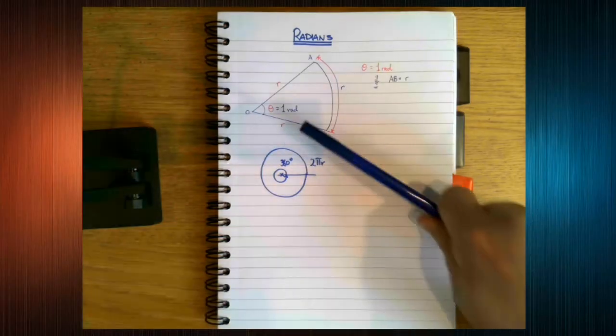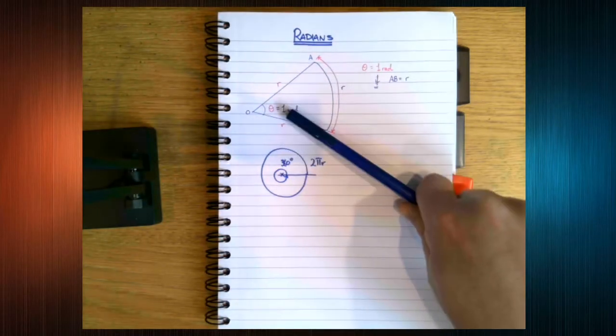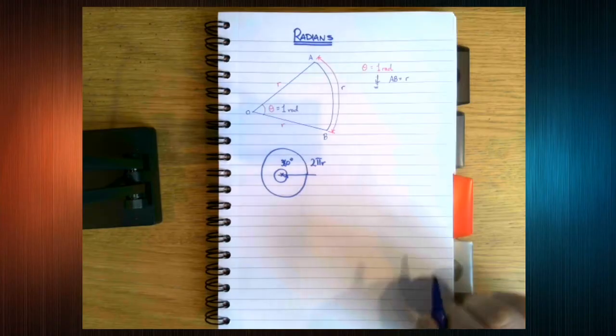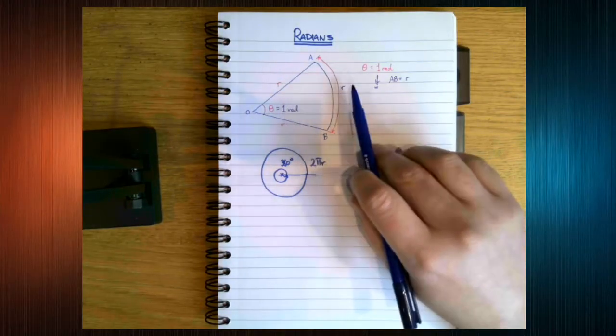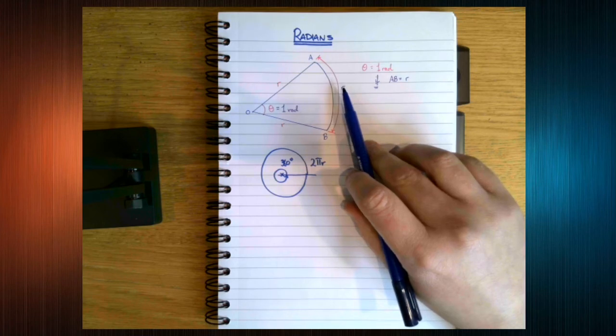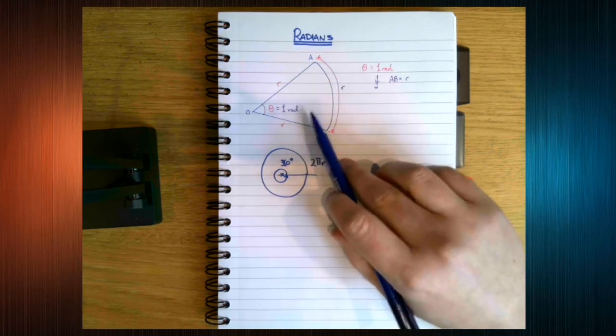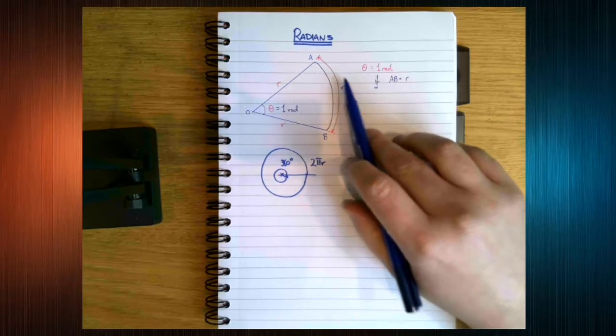So let's think about how many radians we need to go all the way round. Well, it's clearly linked to this. So how much have we increased this by?